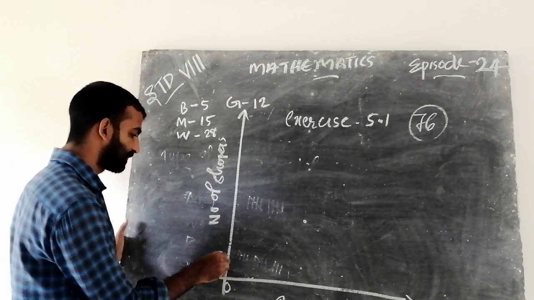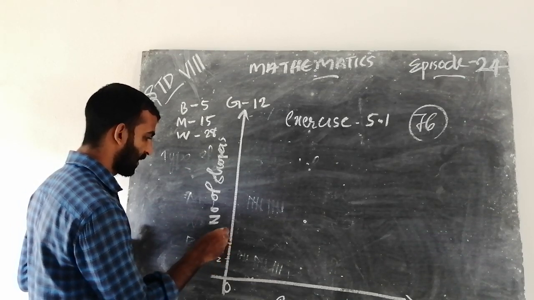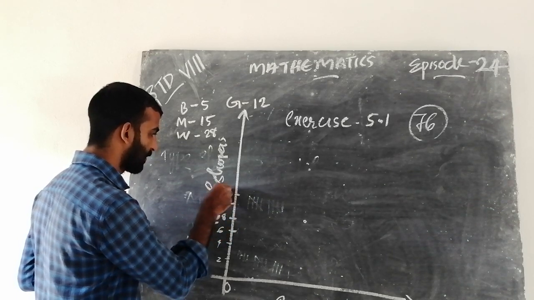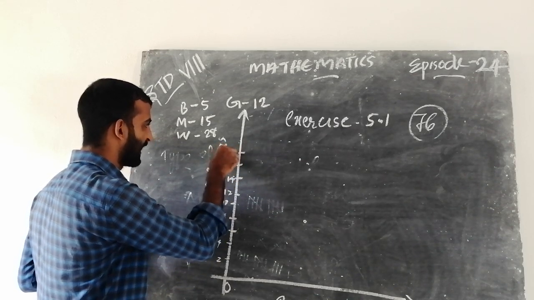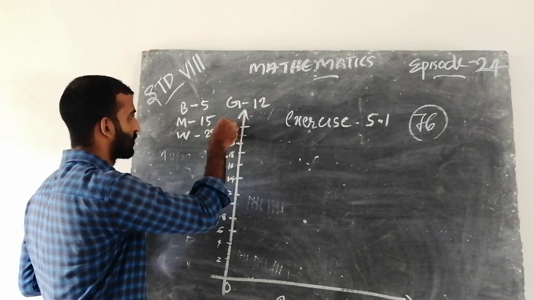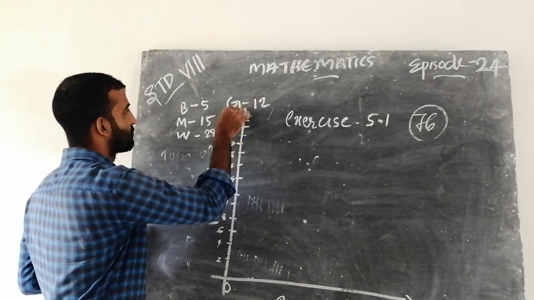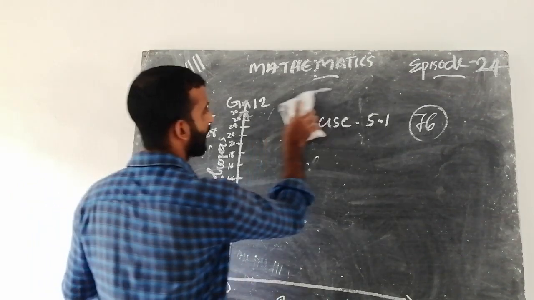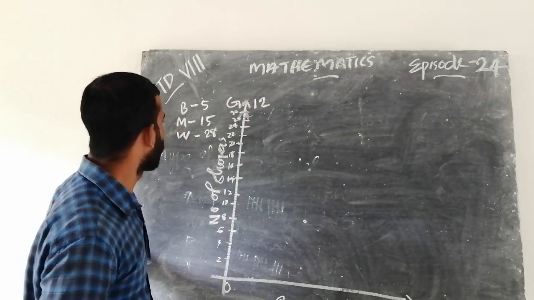Here I take 2, 4, 6, 8, 10, 12, 14, 16, 18, 20, 22, 24, 26, 28. First we draw the men.